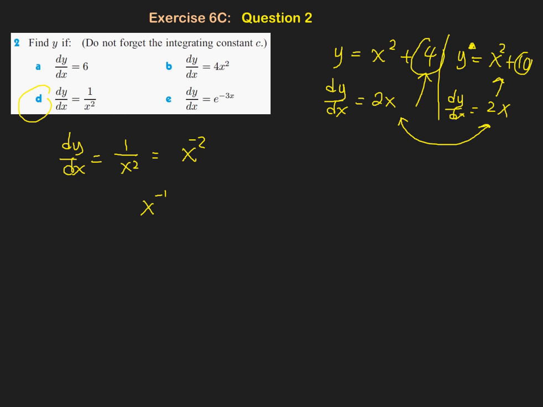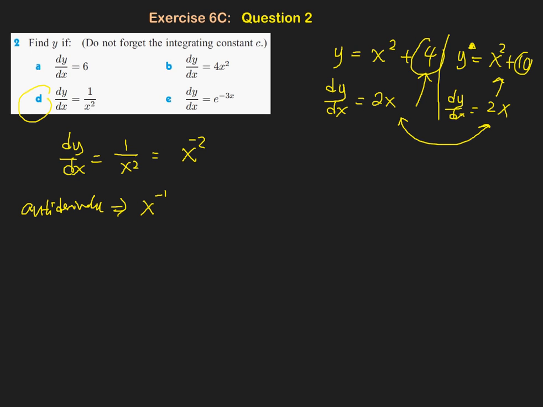So we then know that the antiderivative would look something like this. And so what we do is we try and do this.